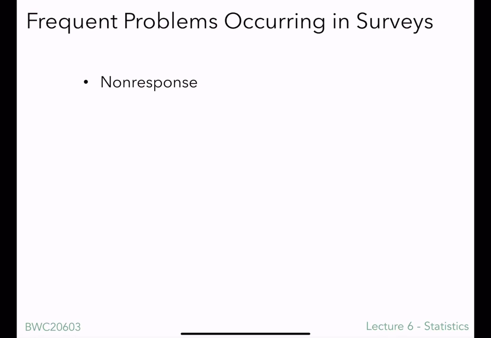So if we have distributed, let's say, like 1,000 forms, and we are surveying like 1,000 people, and we get response from only 50 or 60% of the people, this is a very low response.